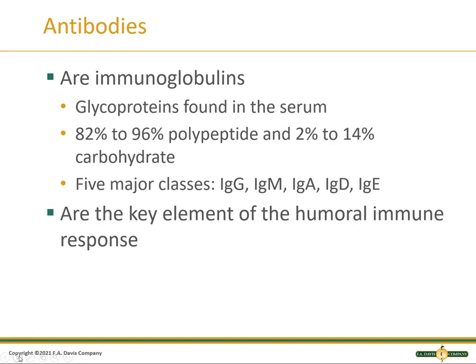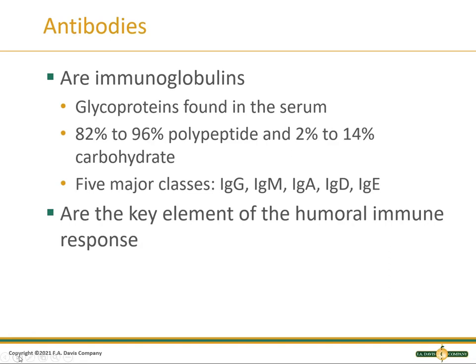Immunoglobulins and antibodies are synonymous, and they are found in your serum. They're glycoproteins: a good chunk of them is protein, a polypeptide, and a smaller percentage is carbohydrate. There are 5 major classes of antibodies, and they all start with Ig, which stands for immunoglobulin: IgG, IgM, IgA, IgD, IgE.